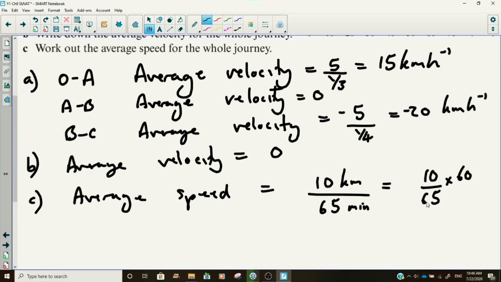So we get the speed in kilometers per hour. And that gives you an average speed of 9.23 kilometers per hour. It seems about right for a cyclist. Okay, so there we go. There's our first example.